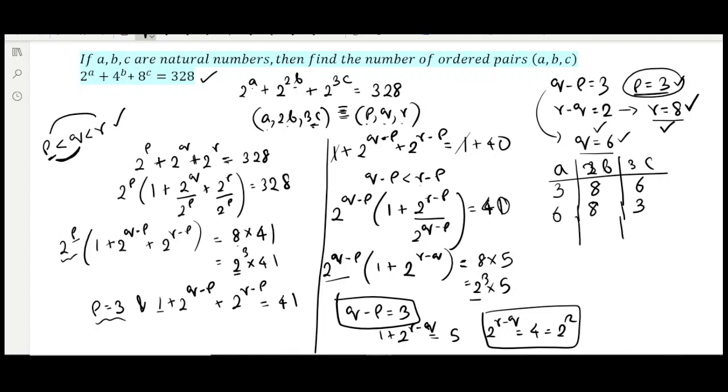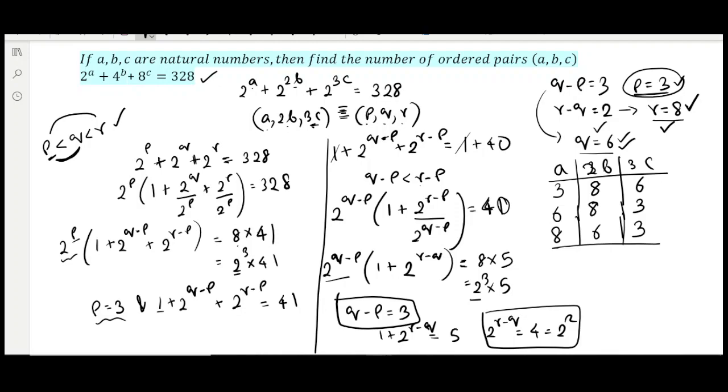Similarly, 2b can also be equated to 6, because it's a multiple of 2, and this can be equated to 8. I think there are no more possibilities. 3c equated to 6 has only one option, and 3c equal to 3 has two options, that's it.